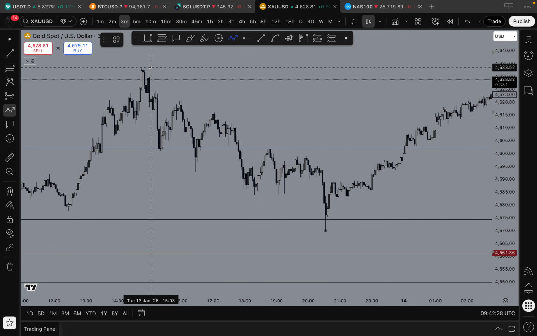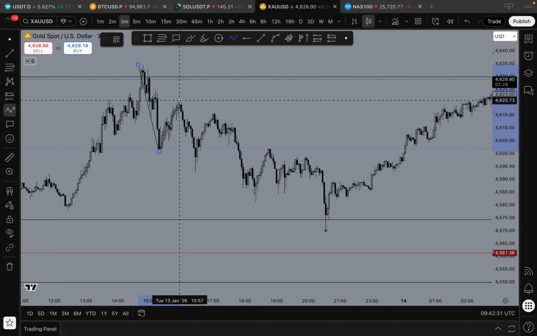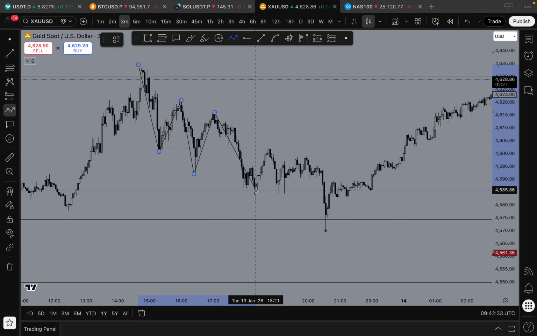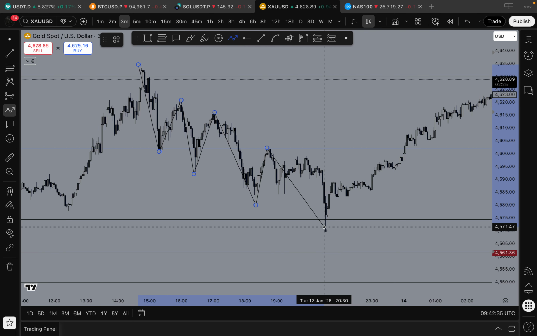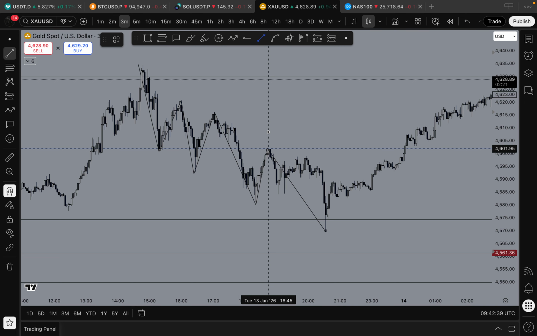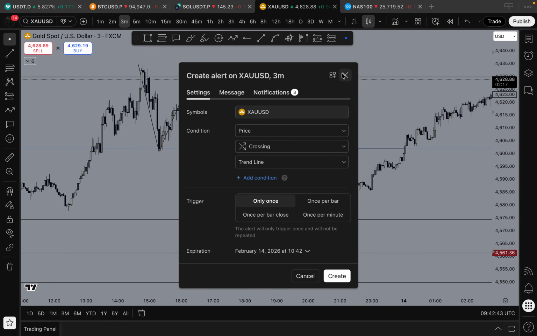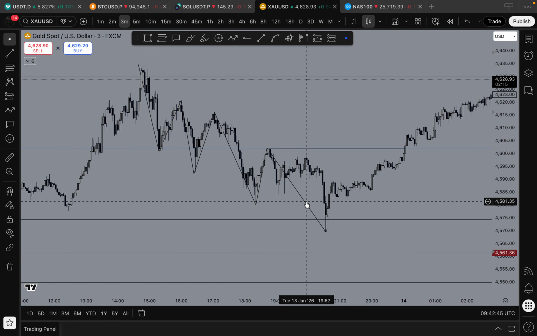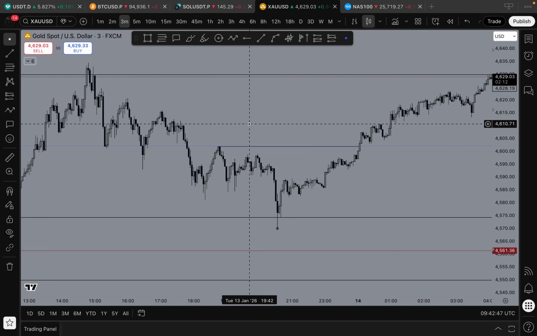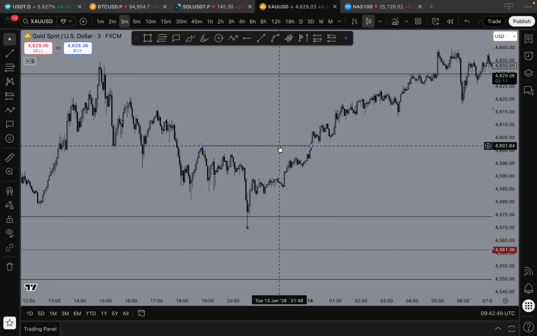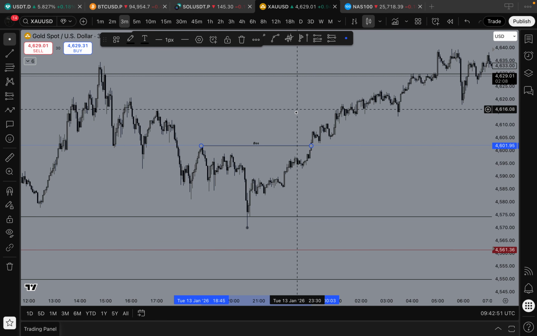The first structure you can look at is this: lower high, lower low, lower high, lower low, lower high, lower low. So this is then your main structure you need to break to confirm this as your second tap for a move back to the highs. However, at the moment that happens, you are already at your mid-range.